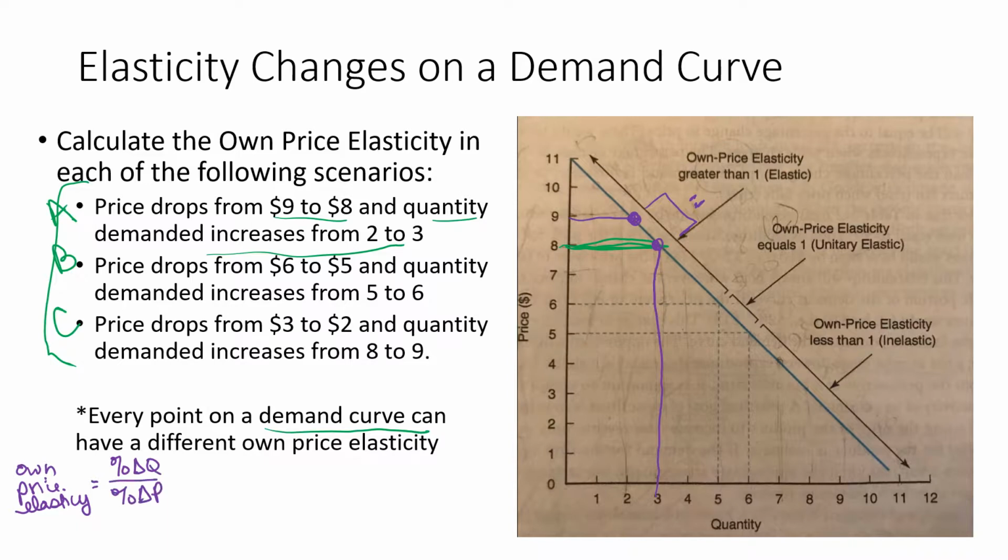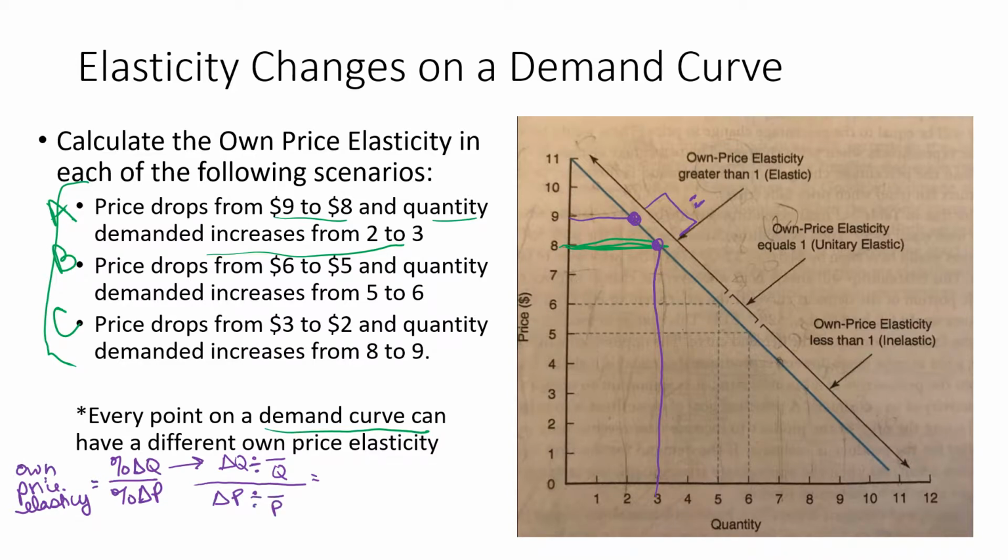That triangle means change in. And recall that the top part of this is change in quantity divided by average quantity. That line above the Q is average. And then the bottom, change in price divided by average of price.